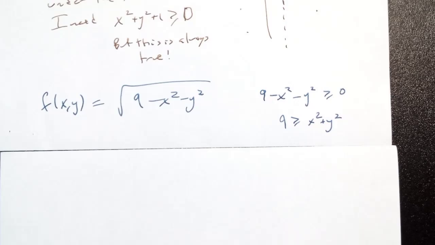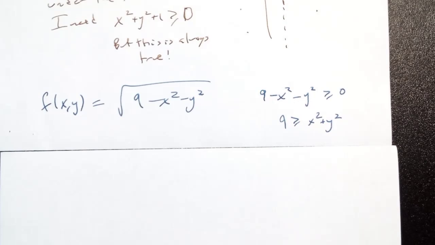If that was just equals, not less than or equals, if that was 9 equals x squared plus y squared, what would I have? Not necessarily the square root, because I can't distribute the square root that way. But that's a shape I recognize, that equation.